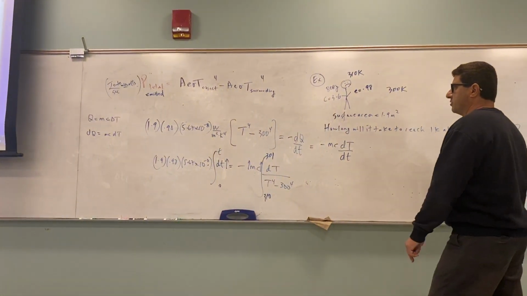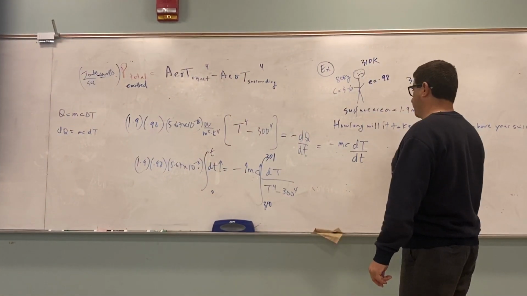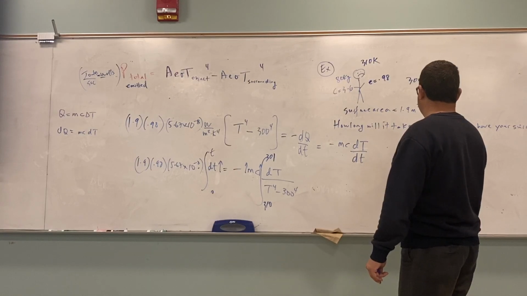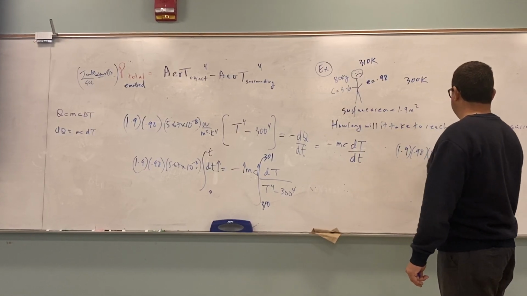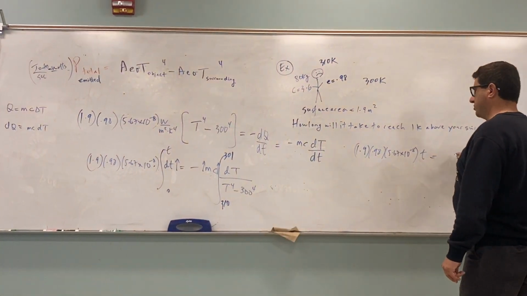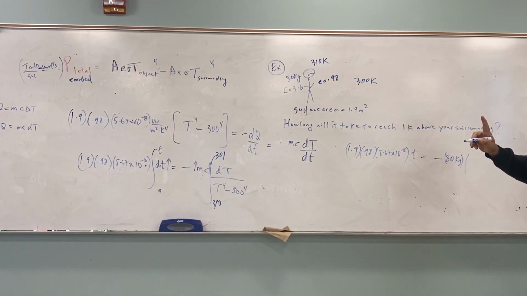Okay, so then the rest is 5.67 times 10 to the minus 8 times t is equal to negative the mass of the person. Oh wait, the mass of the person is 80 kilograms. We have to be careful here.